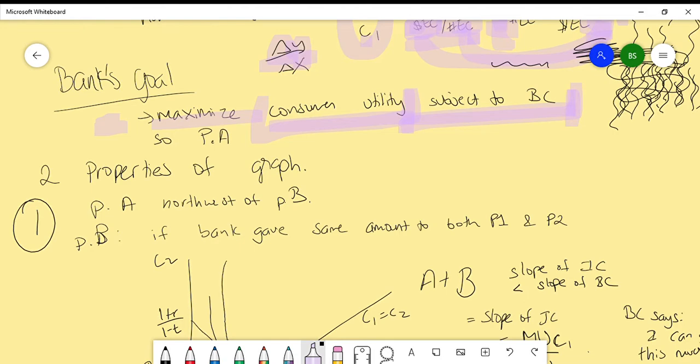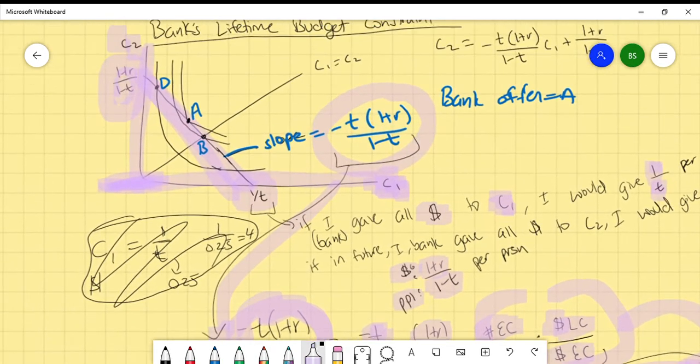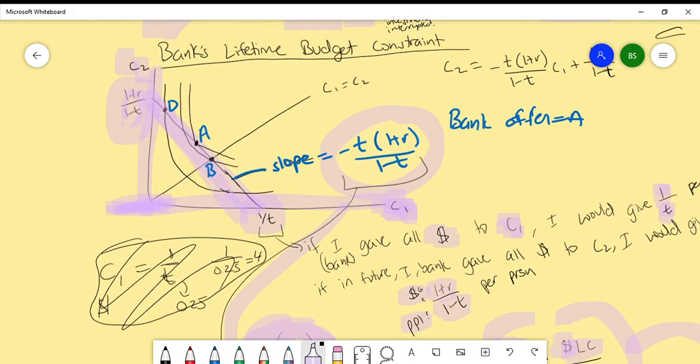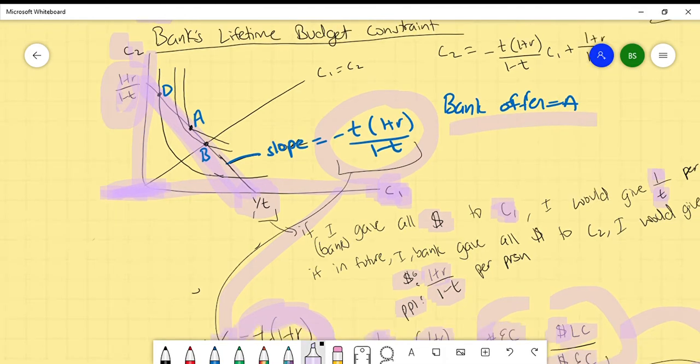So there are 2 properties to this graph. In this graph over here, point A is going to be the point at which the bank gives out its offer, like the bank's equilibrium basically.